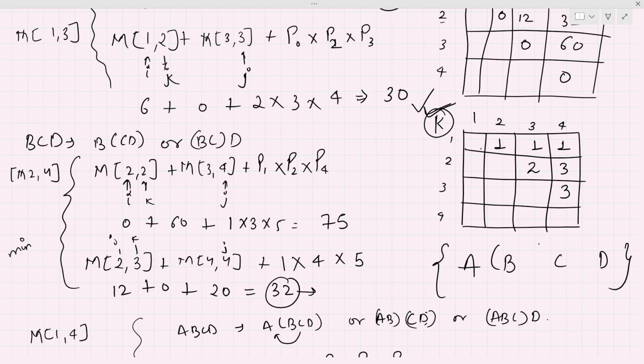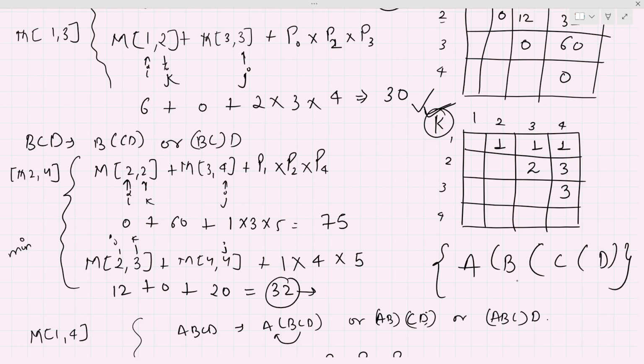Now the second line, 2 comma 3, the value of k is 2, so we have to leave two elements, A and B, and place a bracket here for the second line. 2 comma 4, the value is 3, so we have to leave 3 elements, A, B, C. And lastly we have 3 comma 4, so this is our answer.